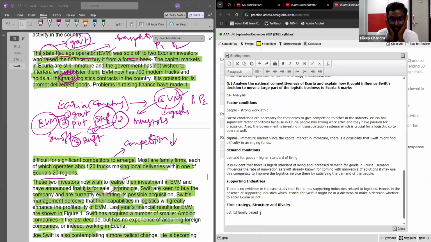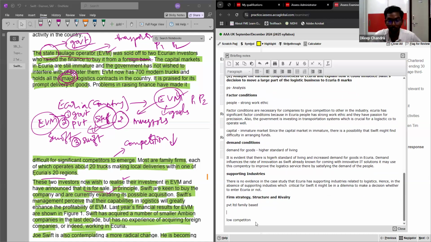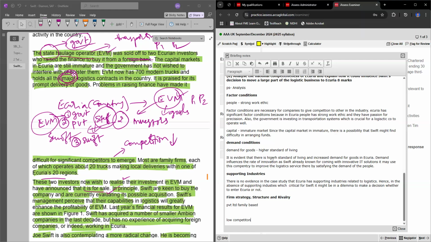Now we have reached the last side heading: firm strategy, structure, and rivalry. Private limited, family-based company, we have said that. So what else can we write here? Private family-based firm strategy. Low competition is there. Both are private limited only, so both are family. EVM is also private limited. Our Swift is also private limited.